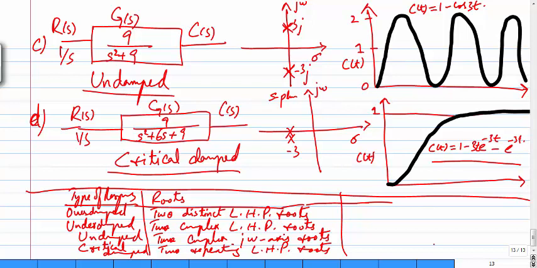Now we will move to the next one, and we will look at how we get these responses.